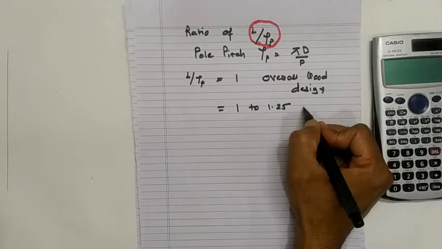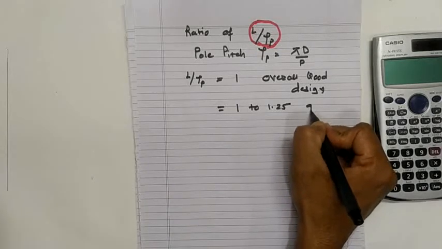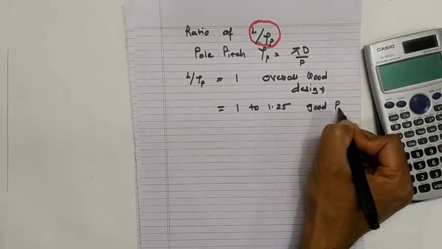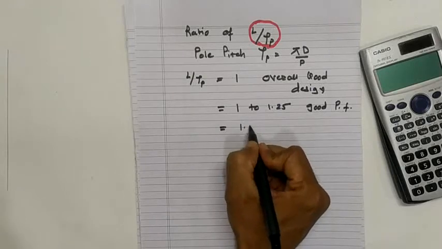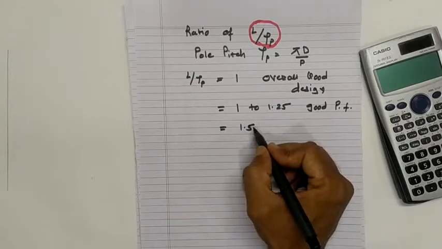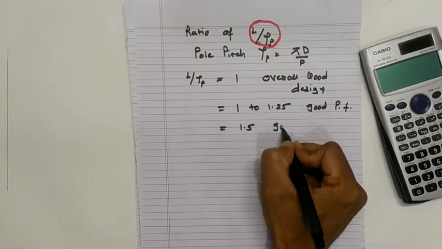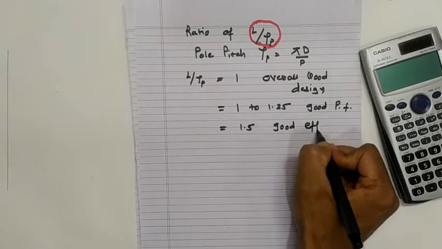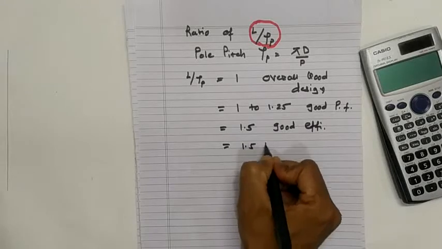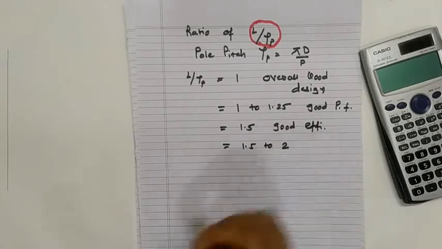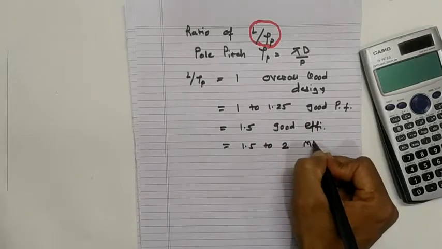This is required for good power factor. We can take this ratio as 1.5; this ratio is required for good efficiency. We can take this ratio as 1.5 to 2, and that is for the minimum cost.